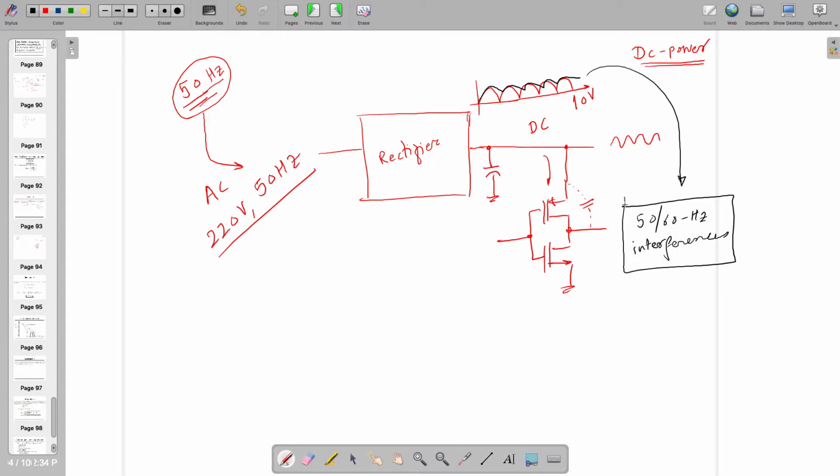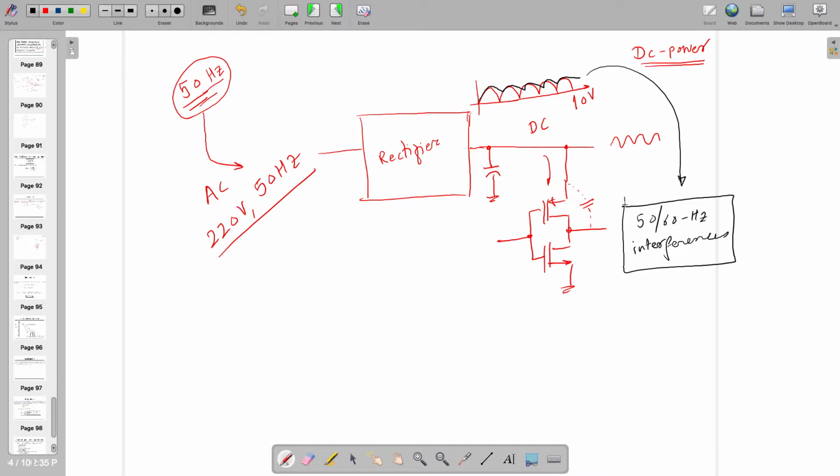The name of that interference, specifically because of the rectifier and this ripple, is 50 or 60 hertz, not 100 hertz or 120 hertz, or a multiple of 100, or 25 hertz or some kilohertz, 10 kilohertz, 20, 35 kilohertz. I understand that is also coming, but that's a different thing. So it's nomenclature.